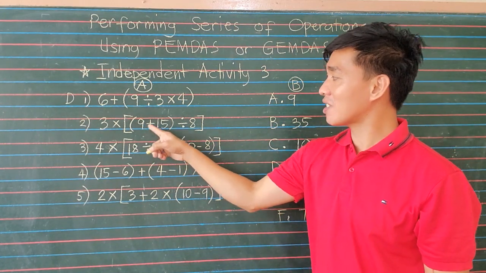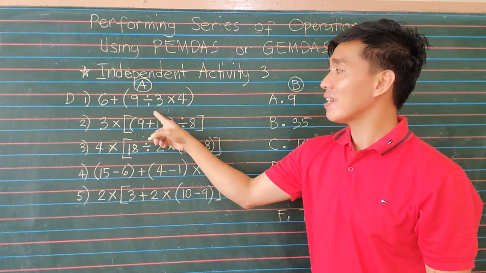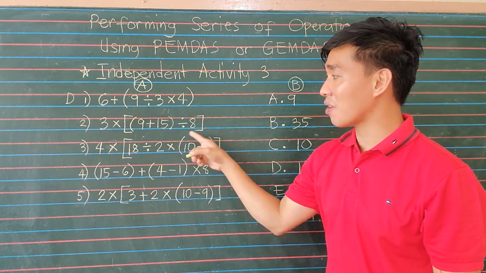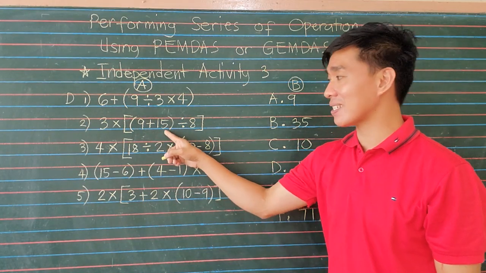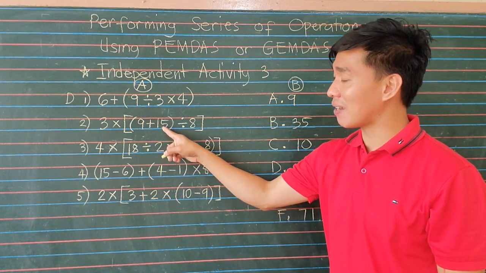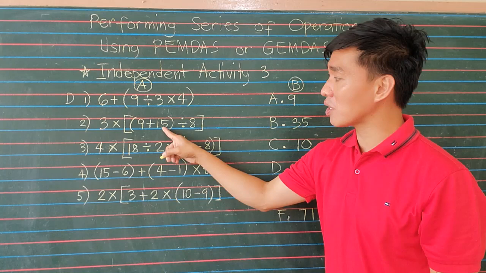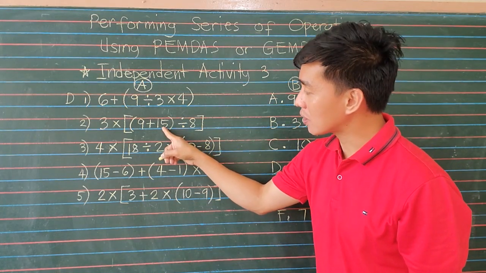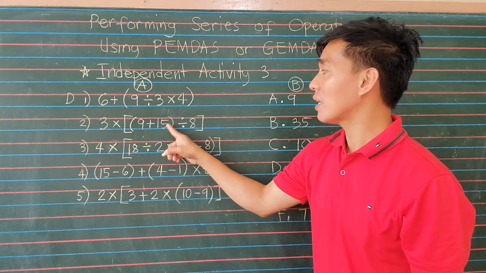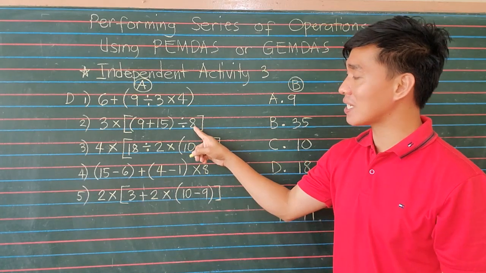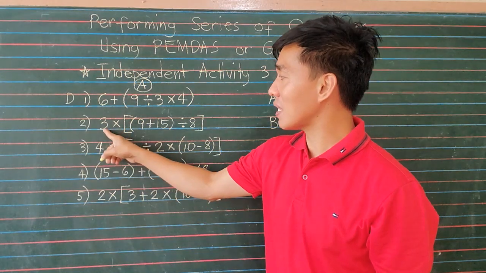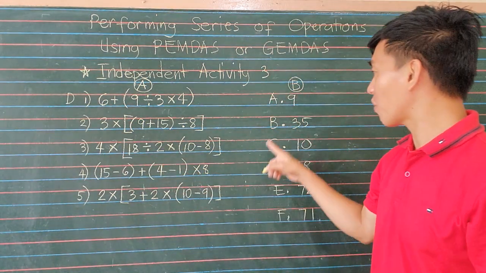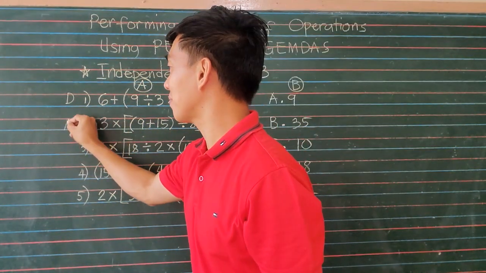Inside the bracket here, we still have parentheses. So innermost first, parentheses, 9 plus 15, which is equal to 24. Now divided by 3, that is equal to 8. 3 times 3, that is equal to 9. Therefore, the correct answer is letter A.